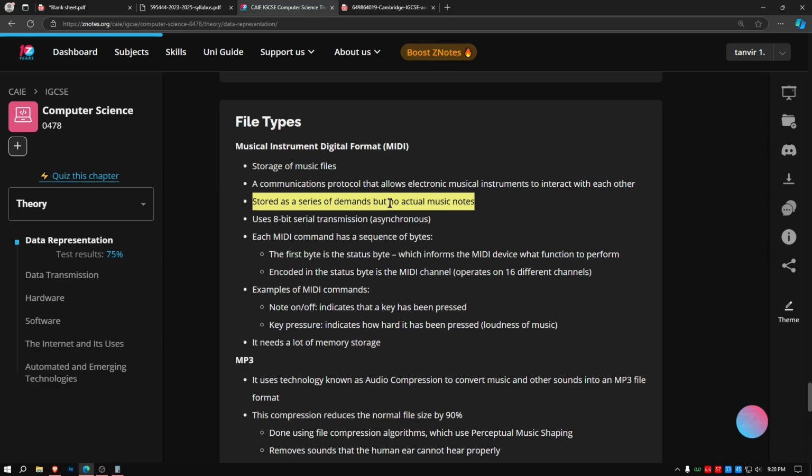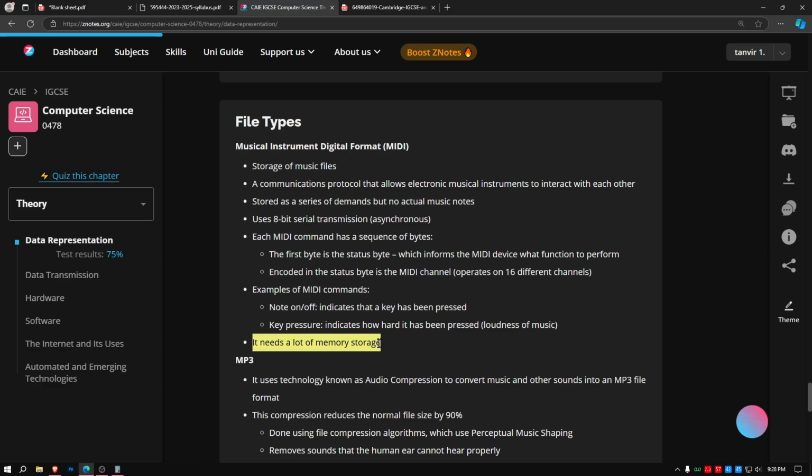But you just need to know that this file only stores the instructions itself, right? There is no actual music notes. And one more thing is this is lossless. This is not a lossy format to store files. This is a lossless format. And one more thing is a lot of storage.